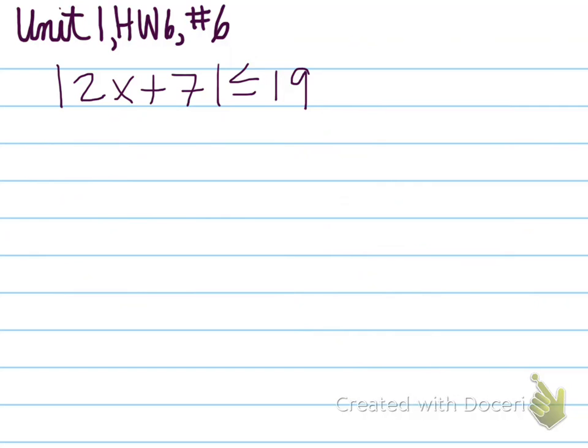So let's take a look at the example, the problem that was sent to me. Since this is the absolute value of a variable expression, 2x plus 7, less than or equal to 19, then this is going to be X between 19 and negative 19, X being our variable expression.